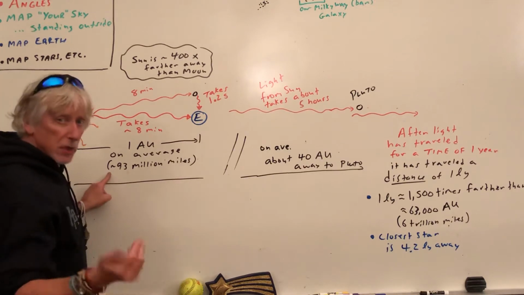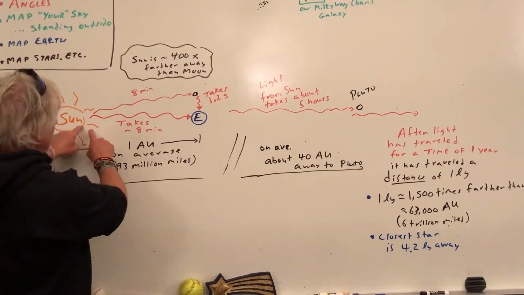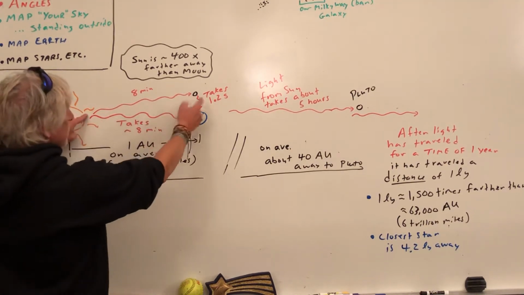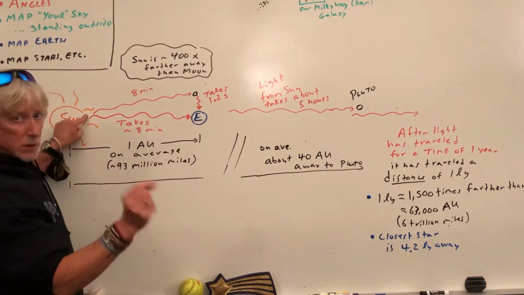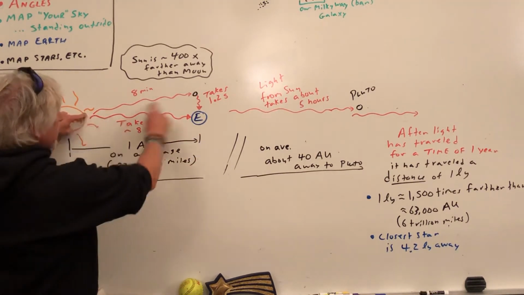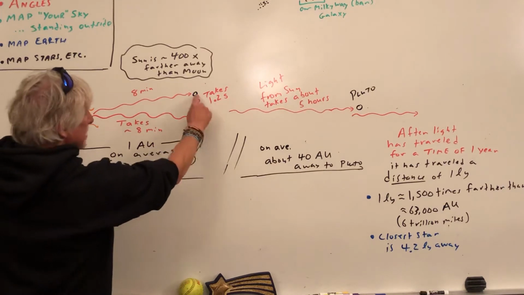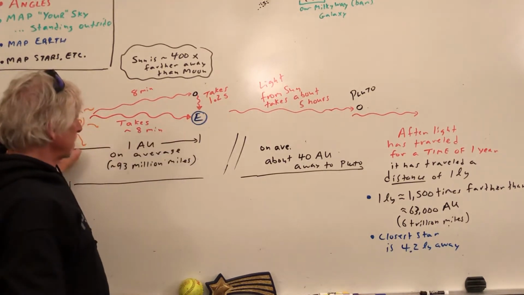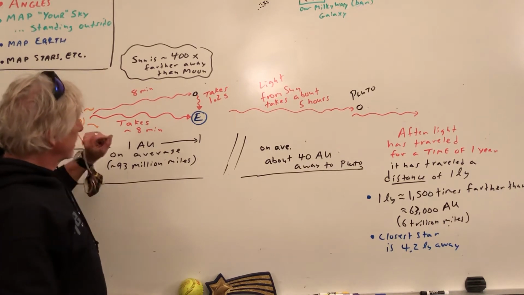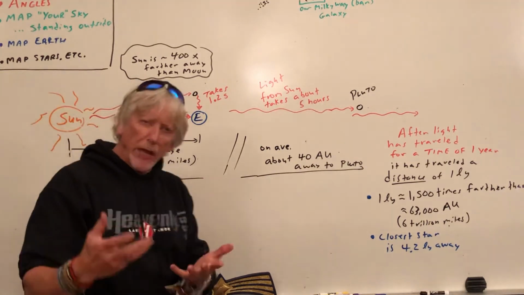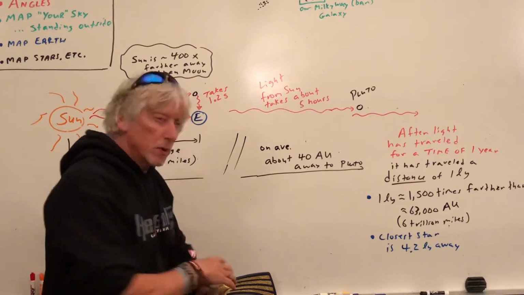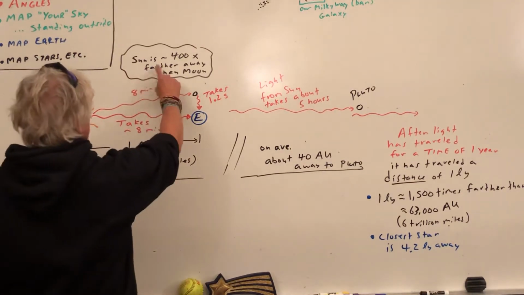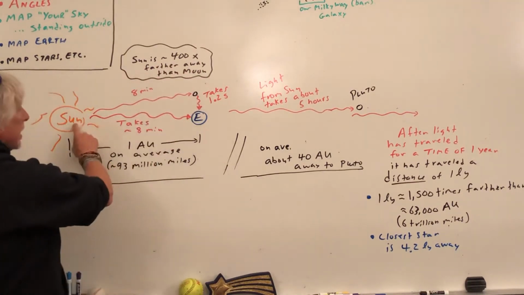Light's very fast. You'll get into that. We'll say that over and over. Also 8 minutes to hit moon, because moon's right next to us, really. When it bounces off Moon, it takes 1.2 seconds. That gives you a sense of how close Moon is compared to Sun. A number you'll learn later, I'll just lay it in, this is a preview of things to come. Sun is about 400 times farther away than Moon.